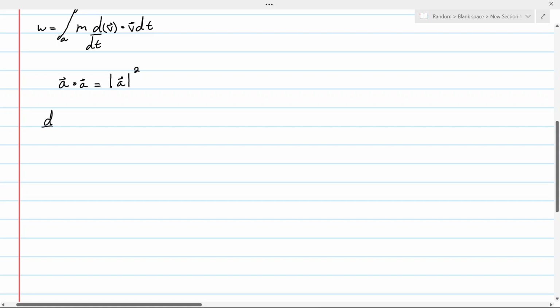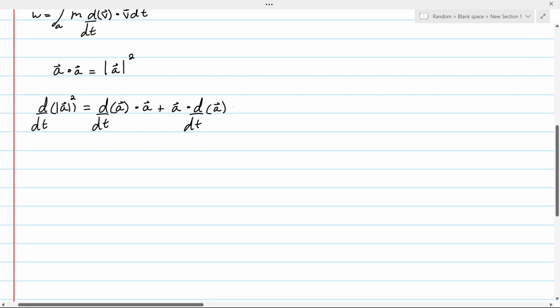If I took the time derivative of a squared, it would equal, by the product rule, the time derivative of a dotted with a plus a dotted with the time derivative of a, which can be written as 2 times the time derivative of a dotted with a.